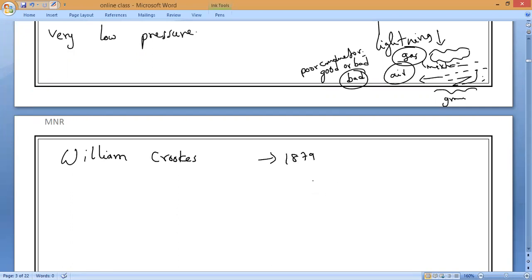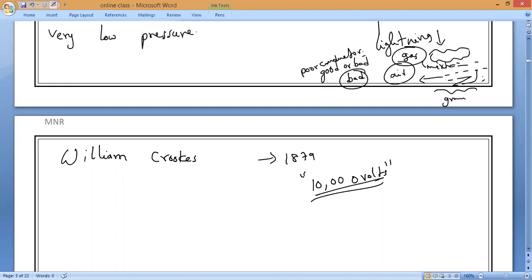He applied a potential difference, that means voltage, of 10,000 volts. Even at 10,000 volts, the electricity is conducted very, very little. They are very poor conductors, not good conductors.